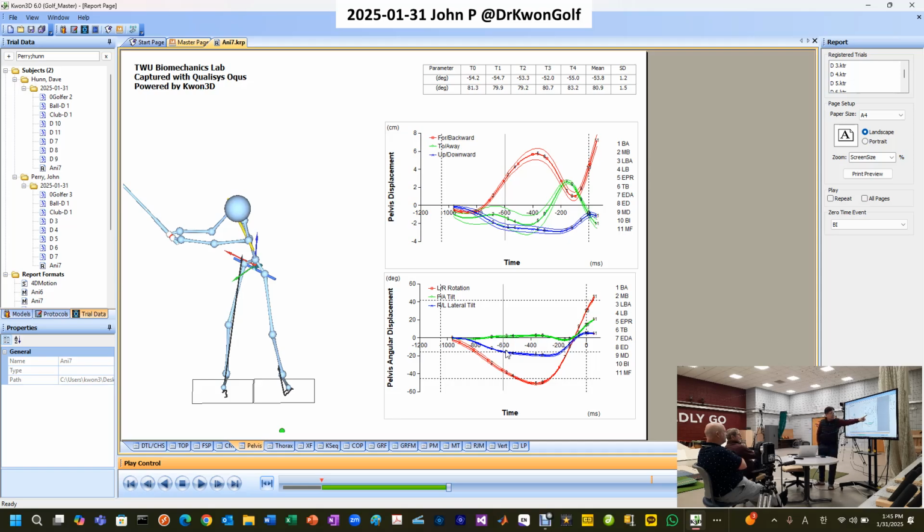And then this blue line here shows the up and down motion of the pelvis. You see, it goes down up to this point, then it pretty much stays there. So there is a change in motion here, instead of continuously going down and then kicking.